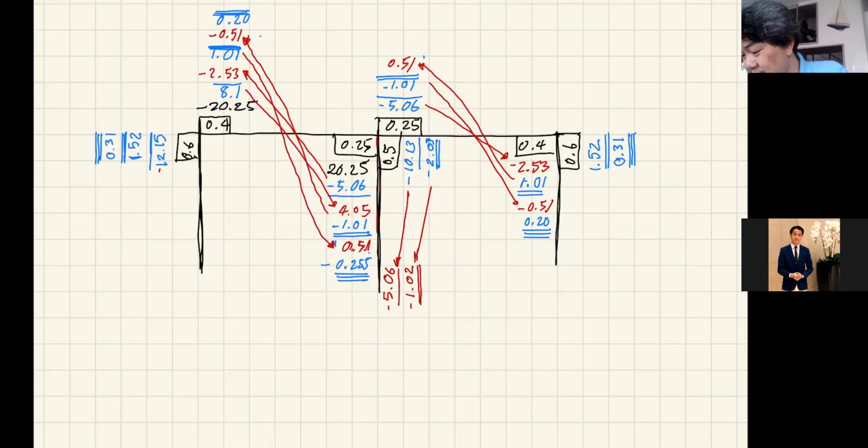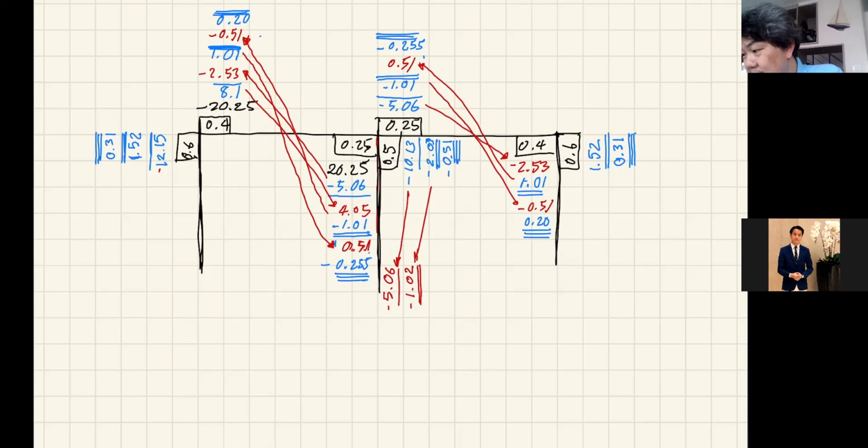And here is 25%. So it's the same, minus 0.255. And here is about minus 0.51. Okay, and that's it.